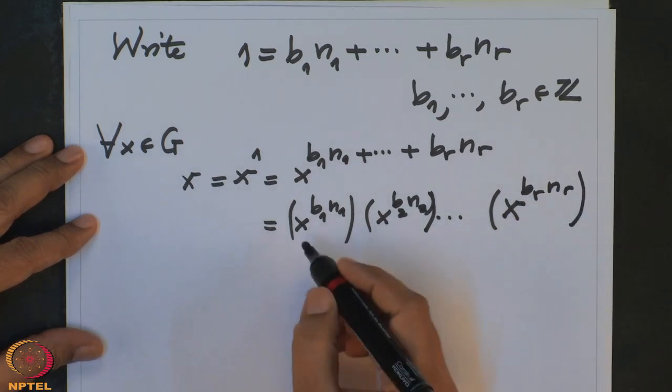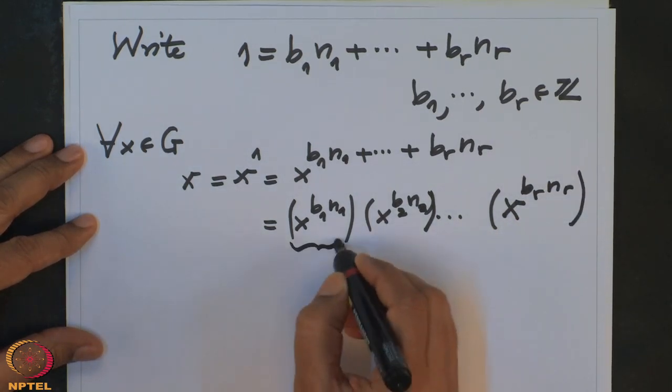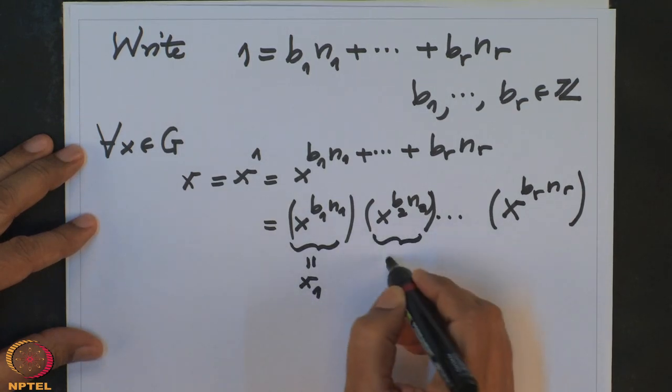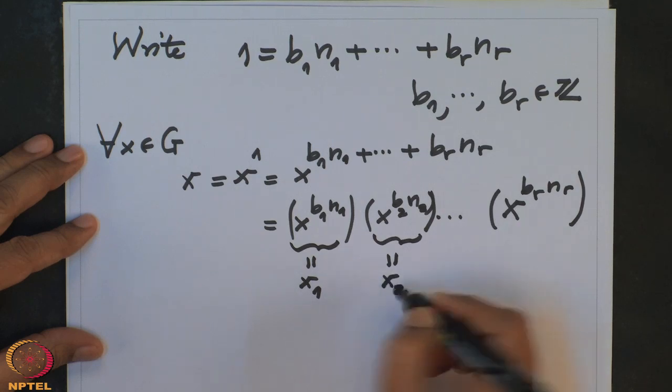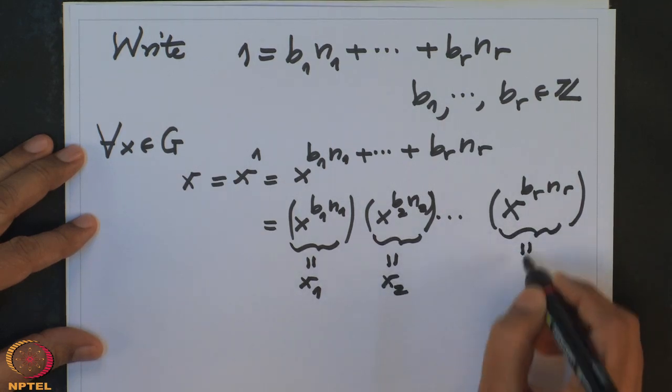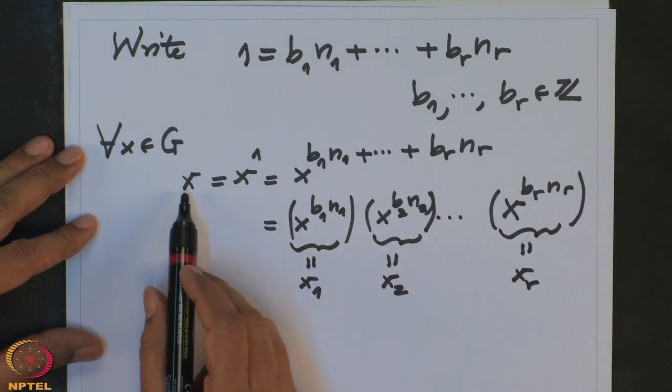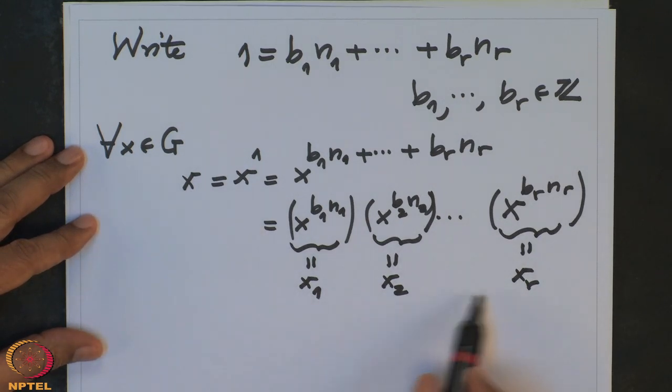And these elements I want to call x1, x2, and xr. So every element we have written as a product of r elements x1 to xr.